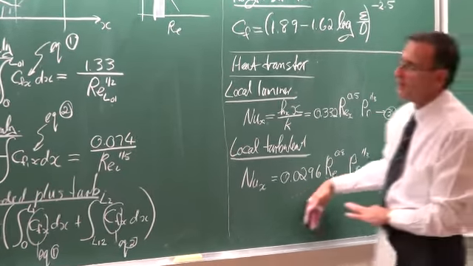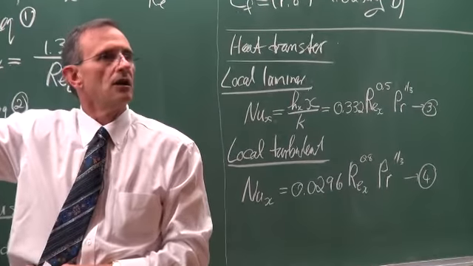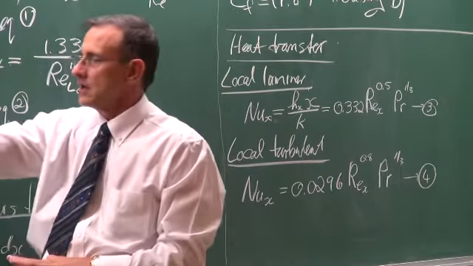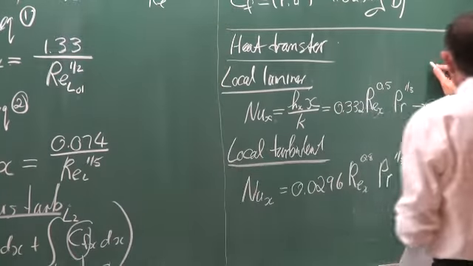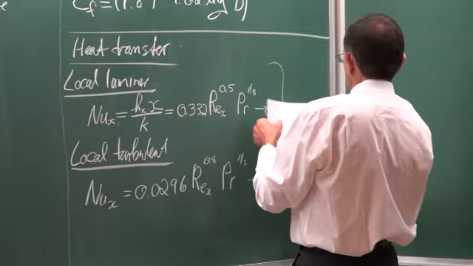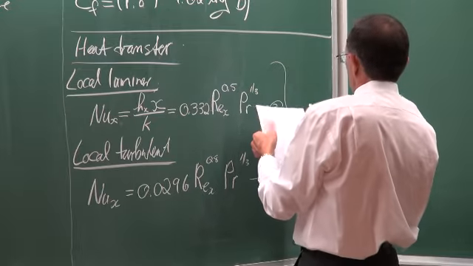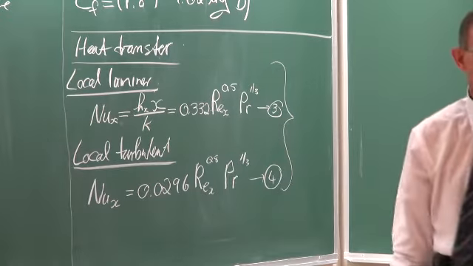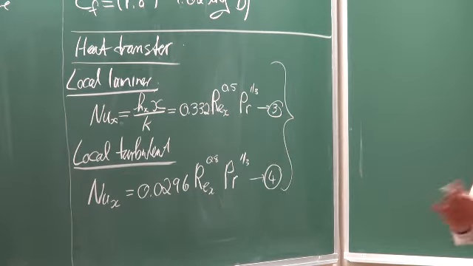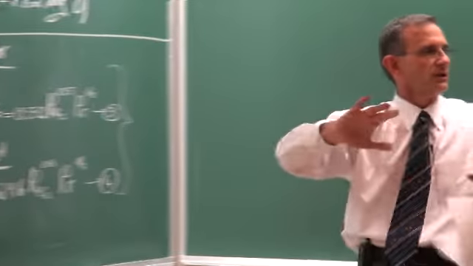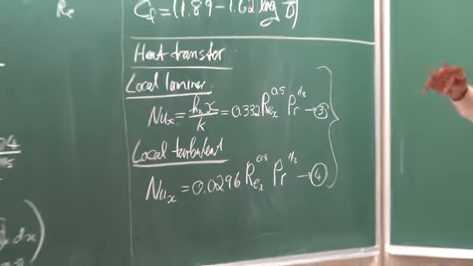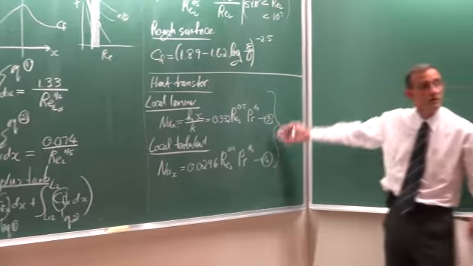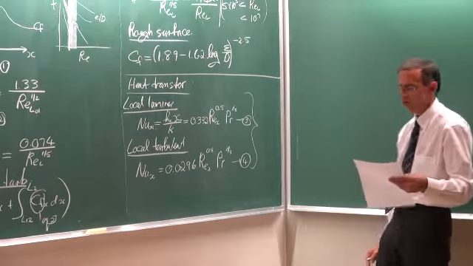This equation would now be valid for Reynolds numbers larger than 500,000 and smaller than 10 million. But there's another boundary condition, and that is that it is valid for typically Prandtl numbers larger than 0.6 and smaller than 60. It is in your textbook. I'm not going to write it out. So just take note, there are also some Prandtl number limitations on it, and if I have time, I'm going to address one of the Prandtl number limitations on this equation.